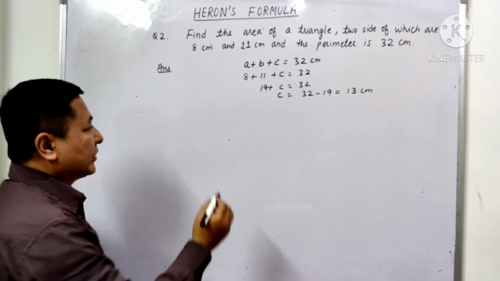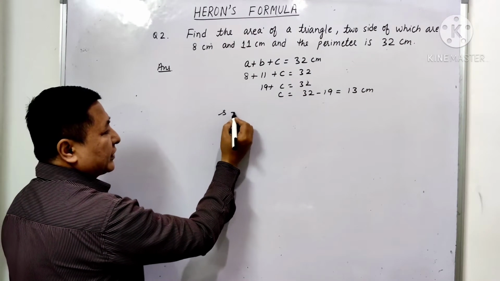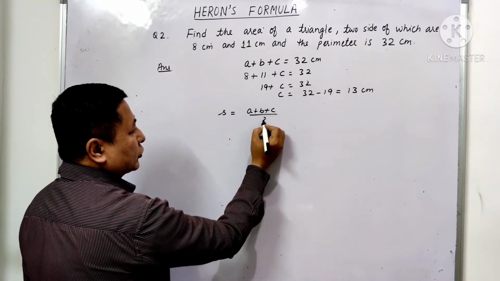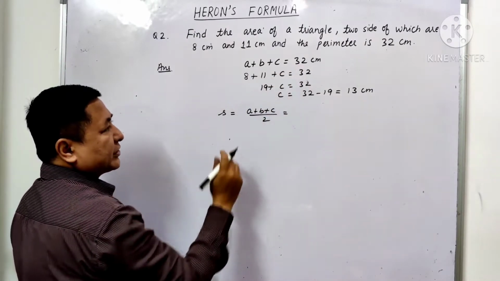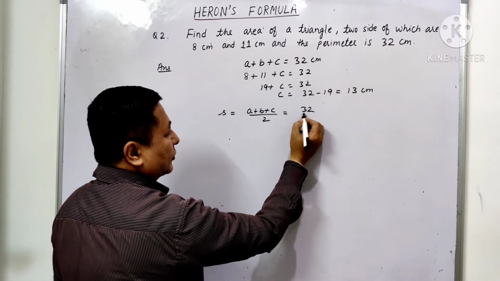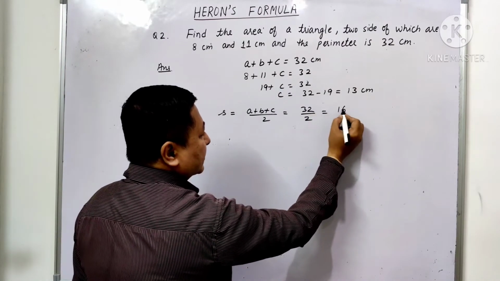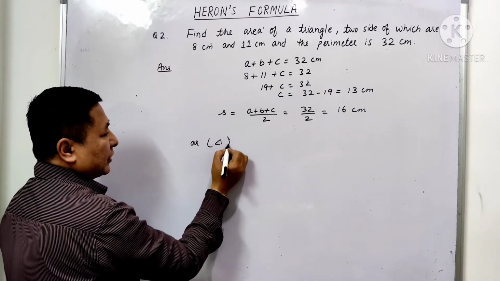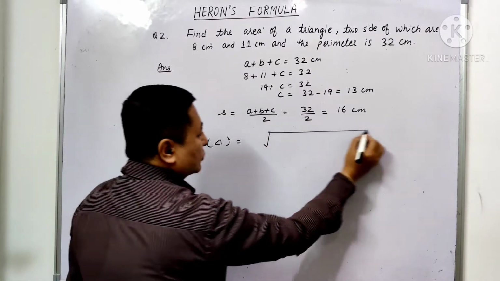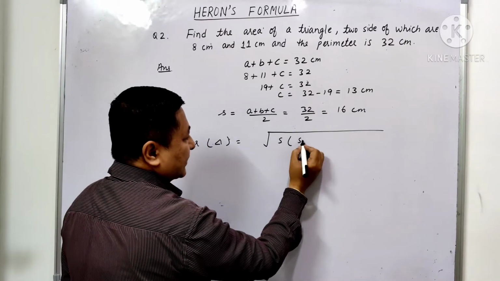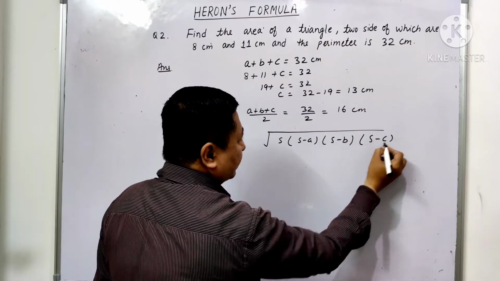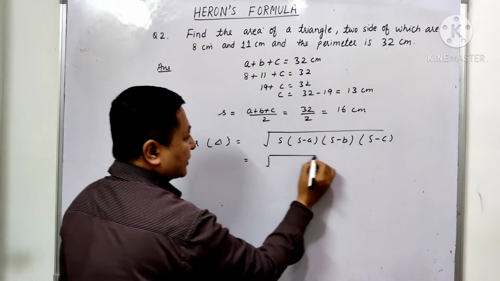Now we will find the area of the triangle. Before that we have to find the semi-perimeter, that is A plus B plus C upon 2. In the question the perimeter is given as 32 centimeter, so it is 32 upon 2, that is equal to 16 centimeter. Now we will find the area of the triangle. We know the formula, that is root of S minus A, S minus B, S minus C. Now let us solve this.